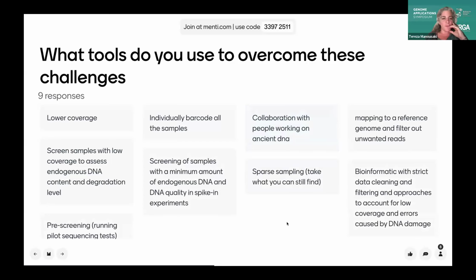So the levels of complexity are really higher. Yeah, so there are common answers like screening samples to assess endogenous DNA, to avoid or minimize contamination issues. Adapted laboratory, I don't know what that exactly means.